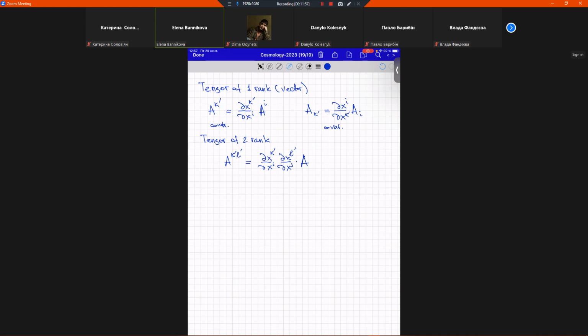So I need to put here again upper indexes, I, J. And this is the contravariant component. For covariant, I write here K prime, L prime.